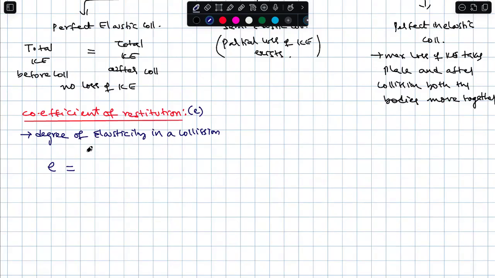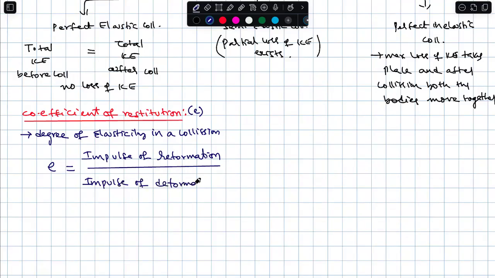So it is defined as impulse of reformation divided by impulse of deformation. In mathematical terminology, when the impulse stage is reforming, the force involved is Fr.